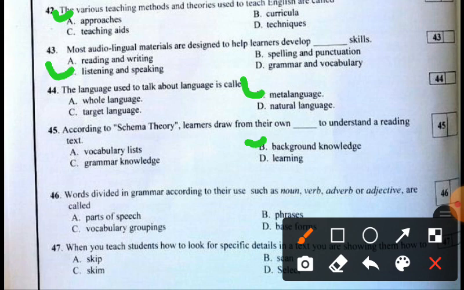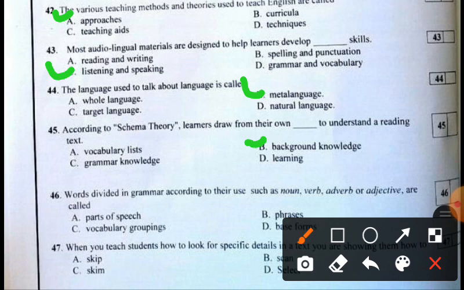Schema has three types: content schema, which relates to facts, values, and cultures, etc. Language schema, which relates to grammar, spelling, vocabulary, etc. And textual schema, which relates to the rhetorical structure of different modes of texts, for example, research papers, letters, emails, etc. So this is the definition of schema theory. You should remember it by heart.